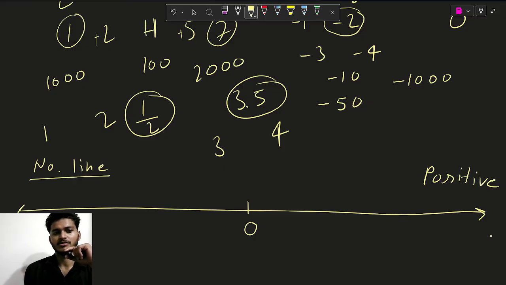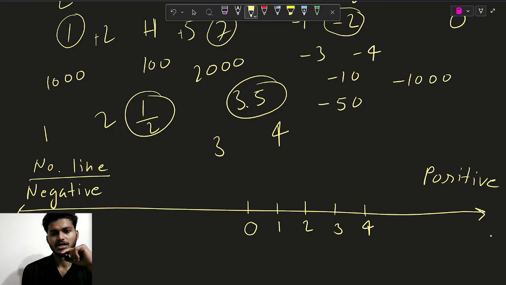On the left side of the number line all negative integers are there. Just after 0, the first positive integer is 1. After that the second positive integer is 2. After that 3, after that 4, after that 5, and so on.